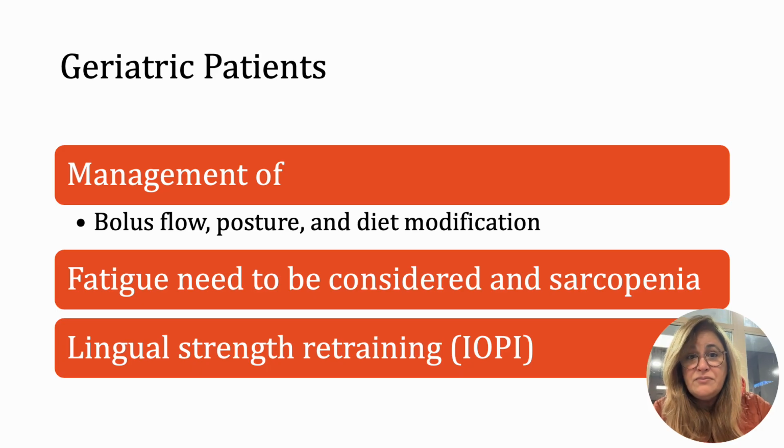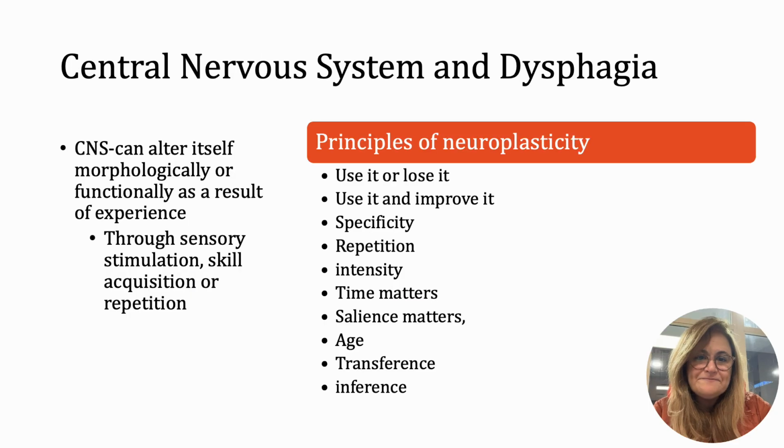Boluses that are softer are easier to manage, and consider working on strengthening their structures, like what we do with IOP. Right now we also have the tongometer that will help strengthen the lingual muscles, the tongue muscles, to manage that bolus more effectively.